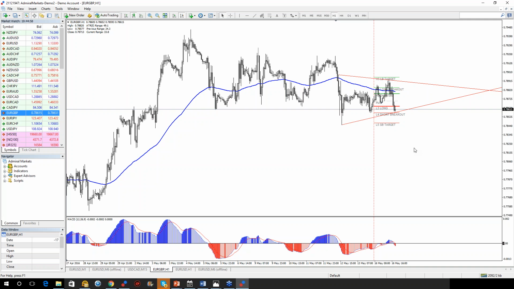Yeah, 1 hour is showing a form of bearish pennant. But it's still a big range, see? So it looks like a bearish pennant. It wants to go down, but this resistance is simply rejecting it. But it wants to go down. Yeah, it's probably waiting for ECB meeting. Probably.